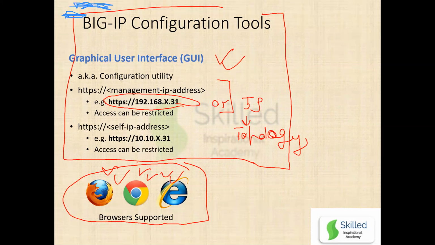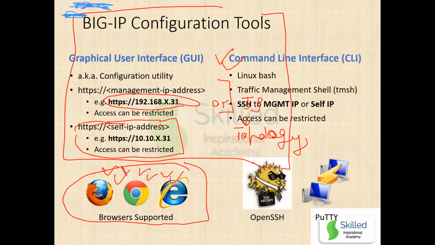You can also access your F5 through your external self IPs, which I will let you know once we configure them. You can also access your F5 through CLI. You can SSH to the management IP or self IP, using OpenSSH or the PuTTY tool.